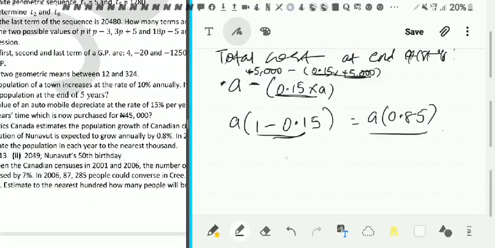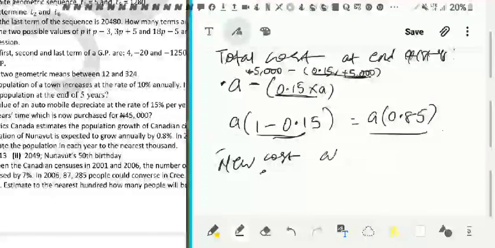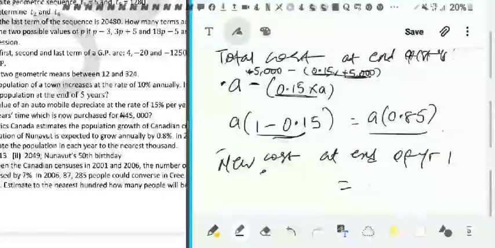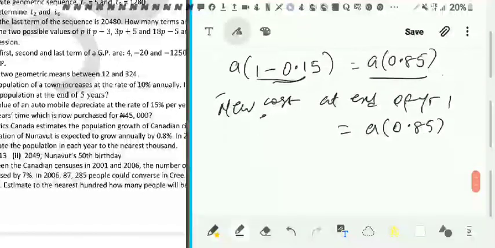We won't solve for the remaining 2 years. We're just going to be using the same logic that we used before. It means the new cost at end of year 1 is equal to A open bracket 0.85. If you check this out, you'll be getting exactly what you're supposed to get.